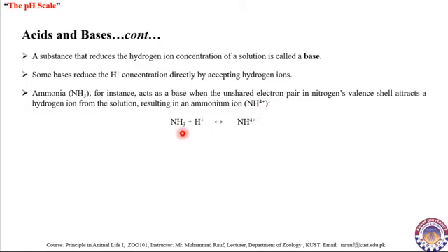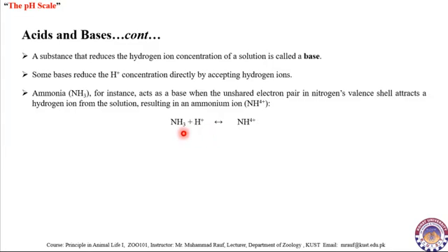Now here you can see a reversible reaction. So it means that this ammonium ion which is formed can undergo a reversible reaction and once again dissociate into ammonia and hydrogen ions. So this reversible reaction shows that this dissociation is partial.